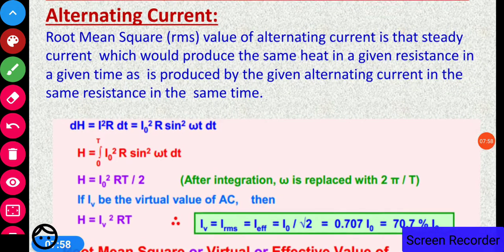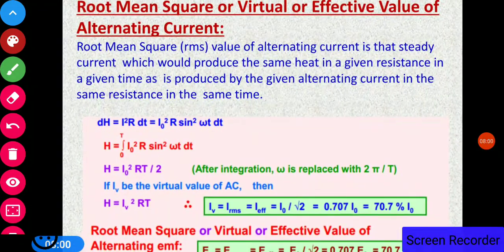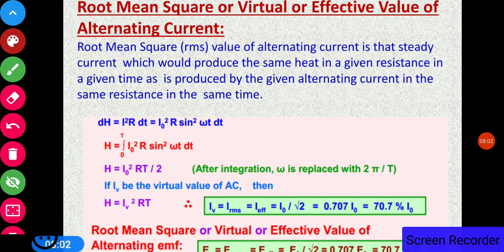Now the root mean square or virtual value or the effective value of the alternating current. Root mean square value of the alternating current means if we have the value I, take the square of it, and then the square root of this. This is I RMS.